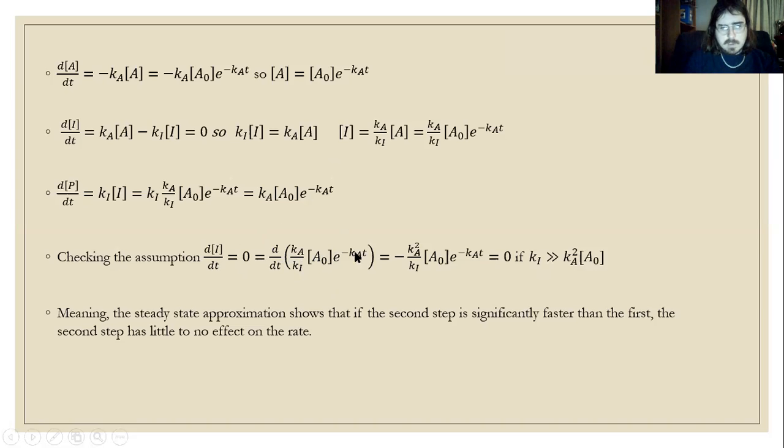The only thing that relates to t is the E negative Ka T. The differential of that is negative Ka E negative Ka T. Factoring that negative Ka out, we get negative Ka squared over Ki, A naught E negative Ka T equals 0, saying that if Ki is much, much greater than Ka squared A naught, that will equal 0.